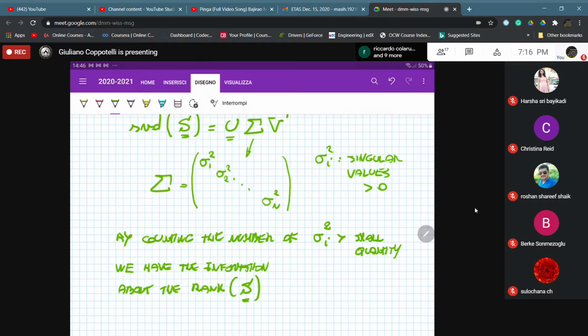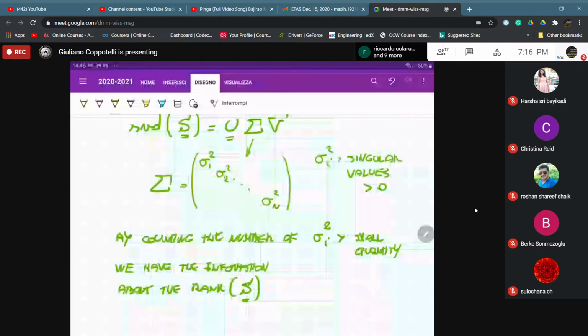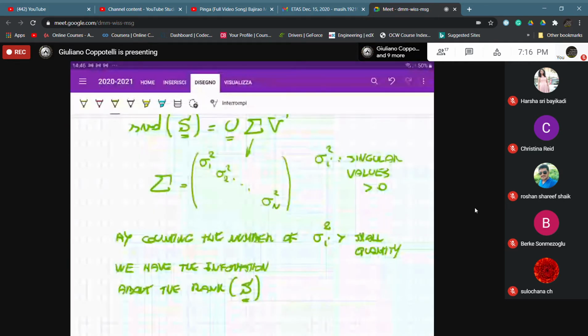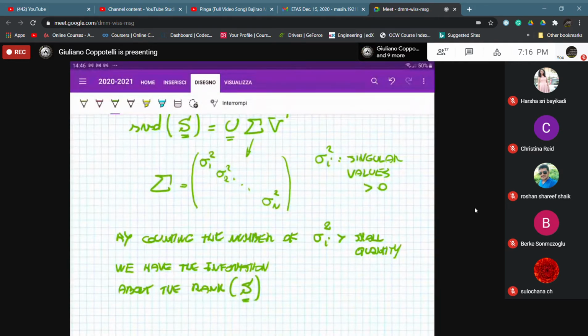Okay, so this number of non-zero values of the singular values is the rank of your S. Of course, this is an estimate once again because you have to define a prescribed small quantity. Okay, so it's up to you.